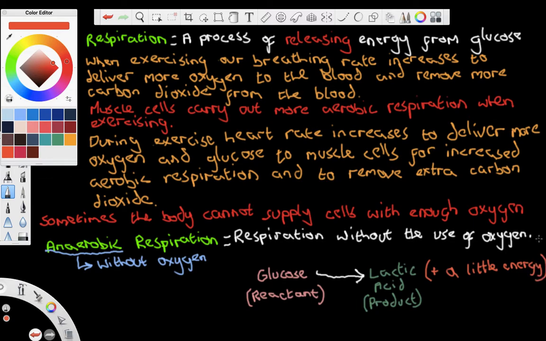You do not get as much energy from anaerobic respiration as you do from aerobic respiration.